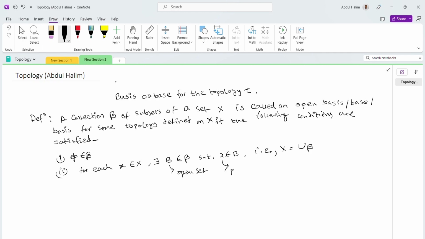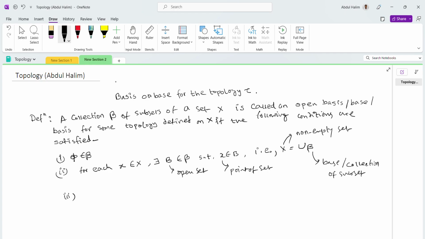This is an open set. This is a point of a set. This is a base, but now it is a collection of subsets.